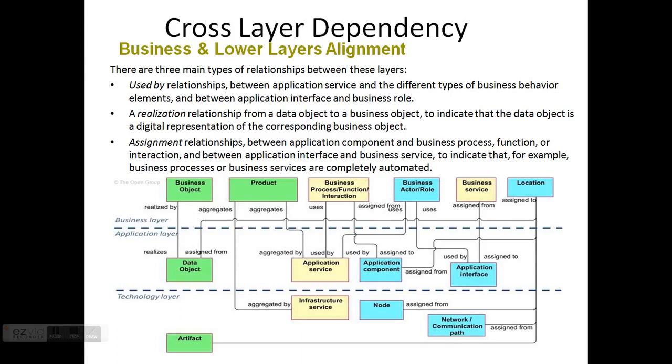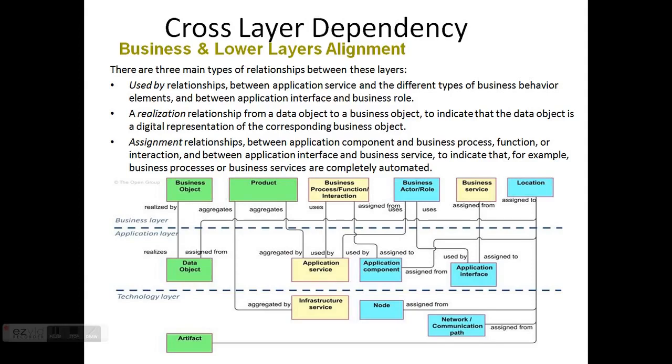The other relationship again is the assignment relationship, where we use assignment between application component and application process, function, or interaction, and between application interface and business service, to indicate that, for example, business processes or business services are completely automated.